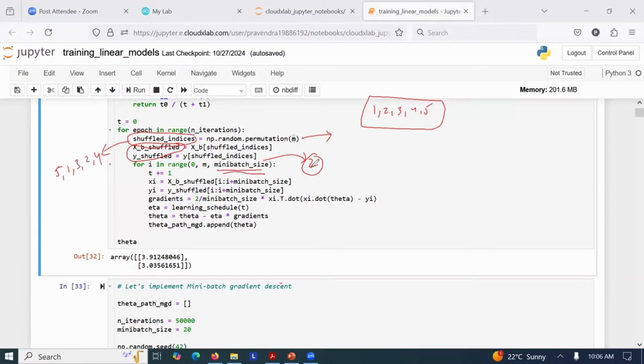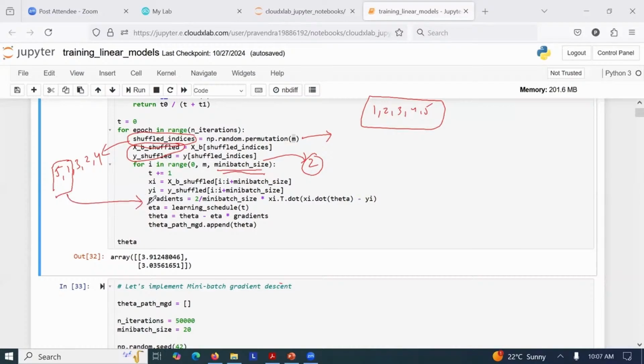So if mini batch size is 2, we will first take 2 data points randomly, right? Since we have already shuffled these indices, the randomness is already there. Originally we have 1, 2, 3, 4, 5, but since we have shuffled this index, randomness is already introduced, right? So for the first gradient computation, 5 and 1 will go here.